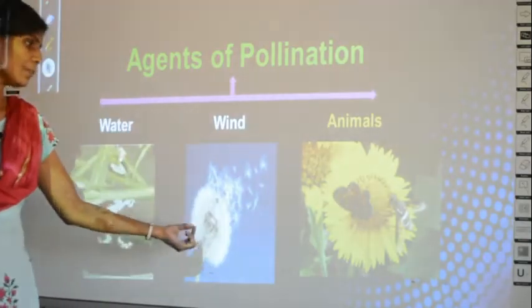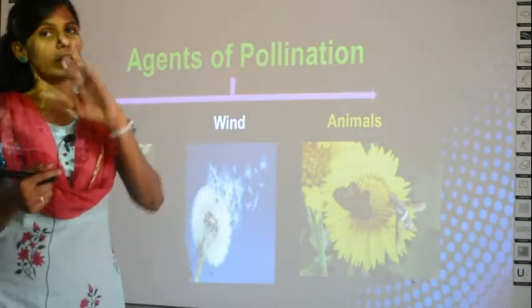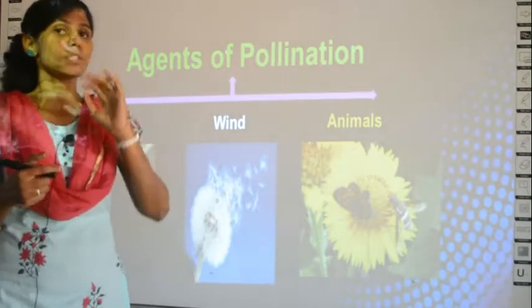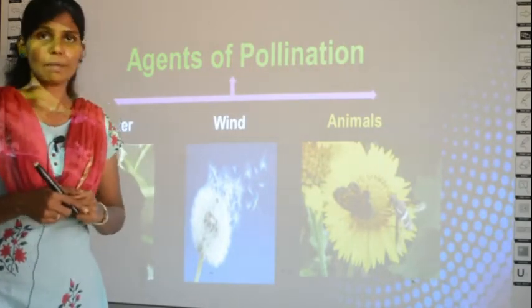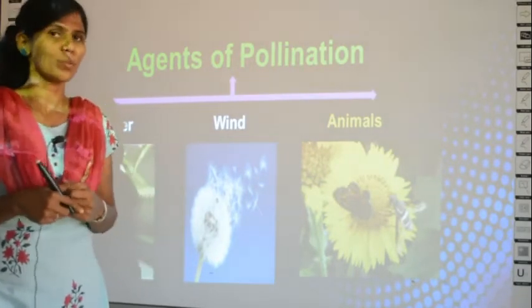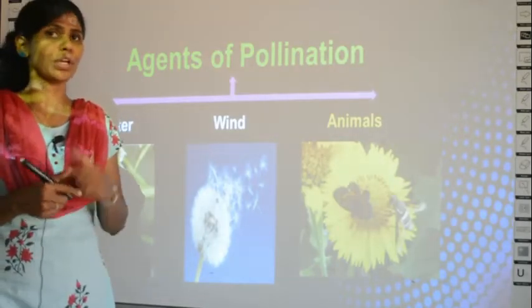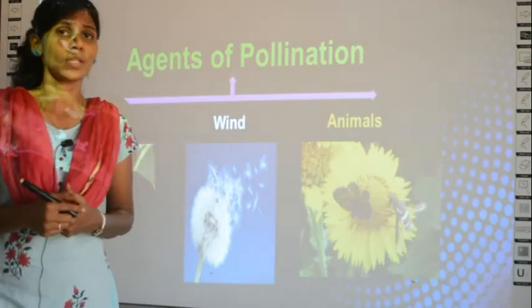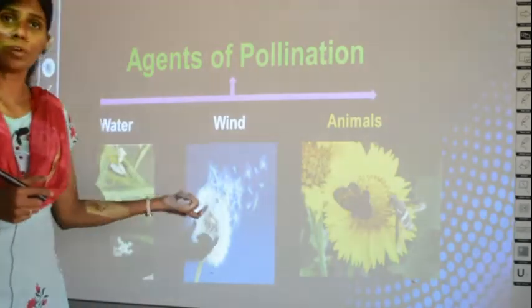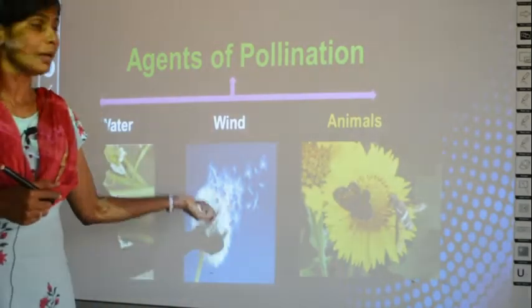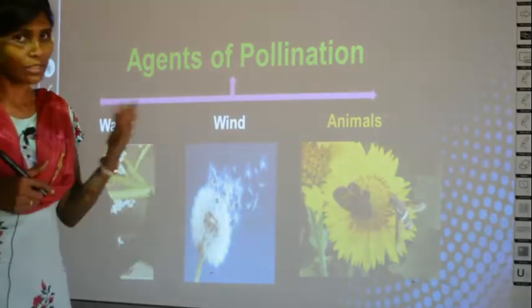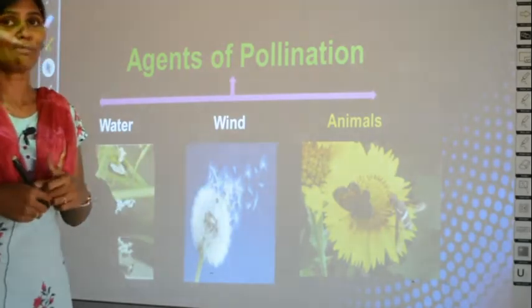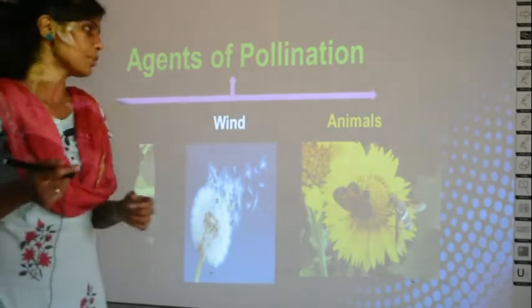The pollen grains from a flower are carried by the wind and transferred to some other stigma far away, wherever the wind reaches. For this type of pollination, which is the agent here? The wind helps. This type of pollination is called wind pollination.